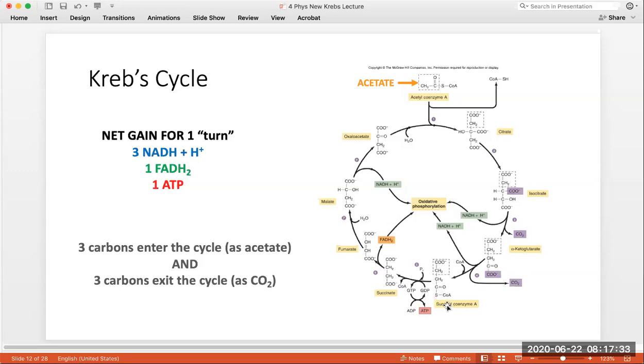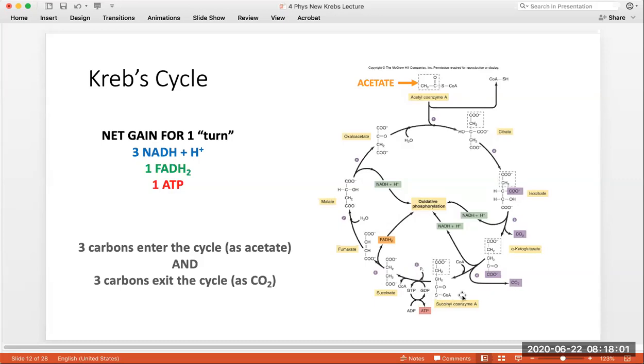Now, in the next step, succinyl coenzyme A gets converted to succinate, which means the coenzyme comes off. And remember that enzymes can be used over and over again. So you have a pool of coenzyme A that's hanging out in mitochondria. Now, what happens in this step is you have to pull in a phosphate, and this is coming from the pool of inorganic phosphate in the matrix of the mitochondria.